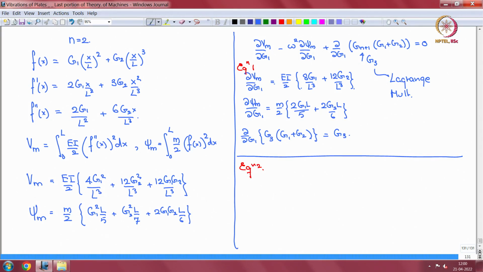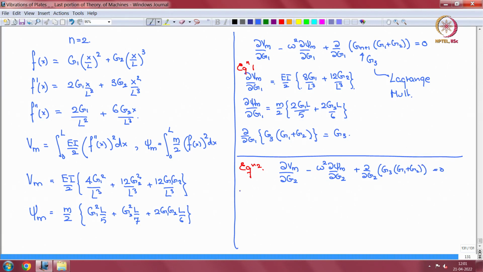Those are del Vm by del G2 minus omega square del psi m by del G2 plus del G2 again of G3 into G1 plus G2, that is equal to 0.